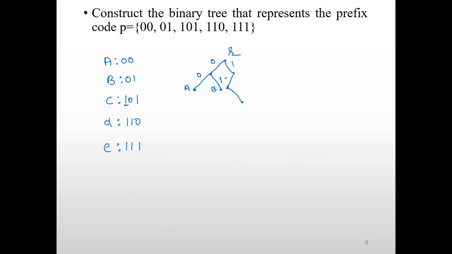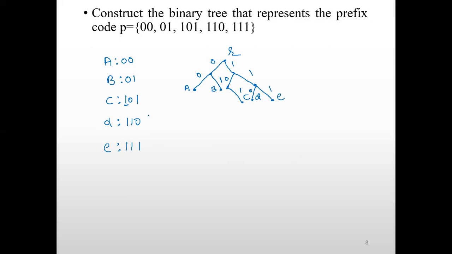So 101 is C. Next we have D, that is 110: right, right, and left, which is D. Next we have E, which is traversed as 1, 1, and finally 1. So we will have E.